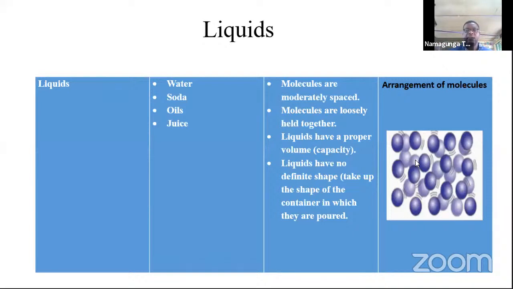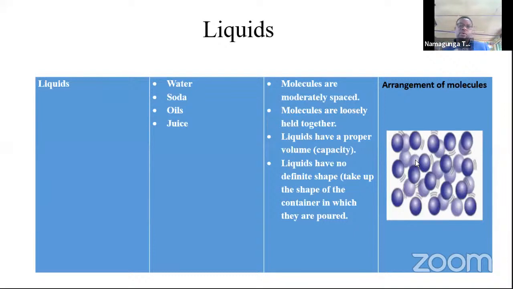But maybe what I have not talked about is that the reason why liquids are able to flow is because they have weak cohesion forces. They are loose and the cohesion forces are weak. That's why they are able to flow. Are we together?